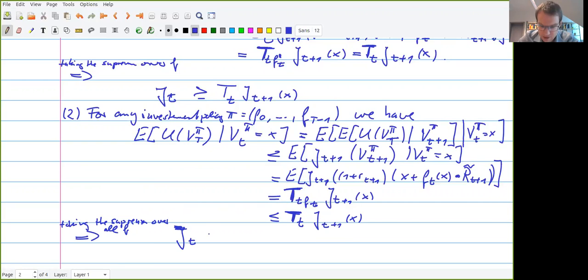And here, well, this is independent. So we get capital T, so this stays the same at time j t plus 1. So combining 1 and 2, we have also for time t that j t is equal to capital T at time t of j t plus 1, which is exactly the recursion formula we wanted to prove.